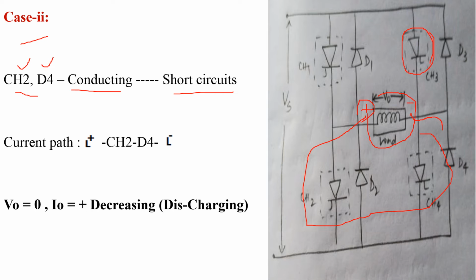There is no path for current from source to load, so the voltage across the load becomes 0. Here the inductor starts discharging, so the load current is decreasing, positively decreasing. Why? Because it is discharging current. This is the second operating mode of the class E chopper circuit.